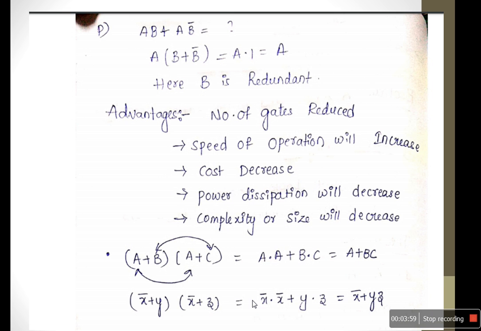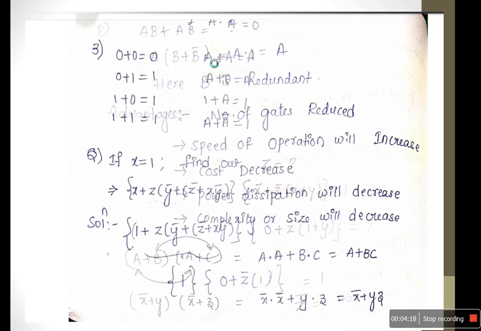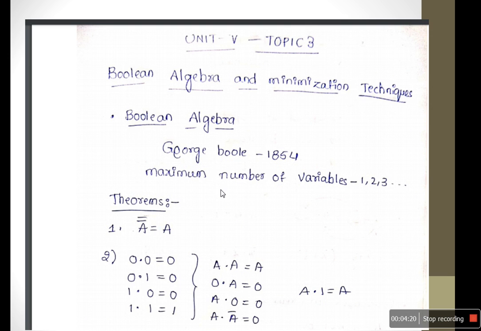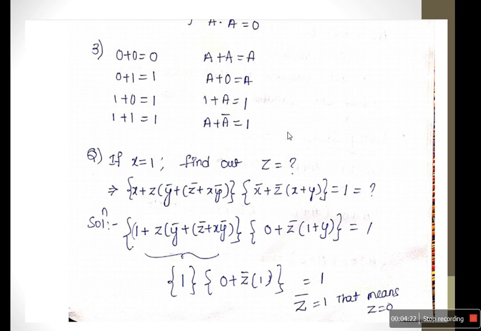Again, for example, they give the question ab plus ab bar equal to what? In these two terms, the common term is a. So I am taking a as common: a into b plus b bar. From the above theorems, a plus a bar equal to 1.